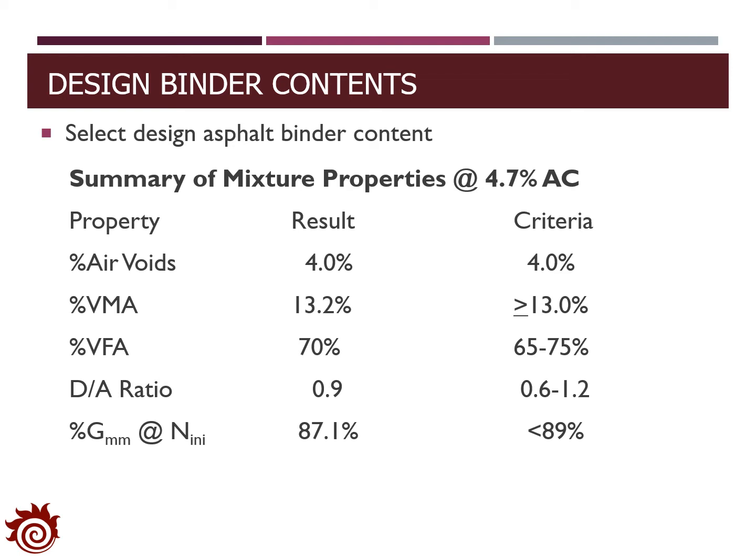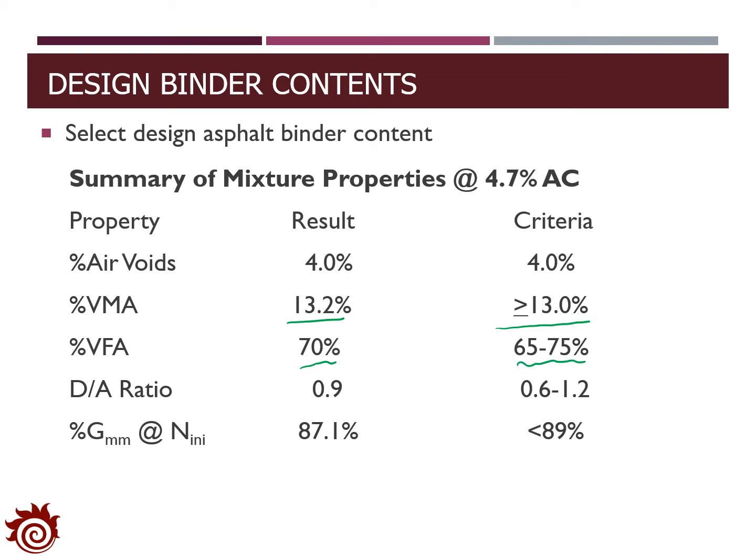For the air voids, we have already adjusted this one to 4%, which is the same as the criterion. And for VMA, the adjusted value is 13.2%, which is higher than the minimum requirement of 13%. For VFA, it's 70%, which is between 65 and 75%.